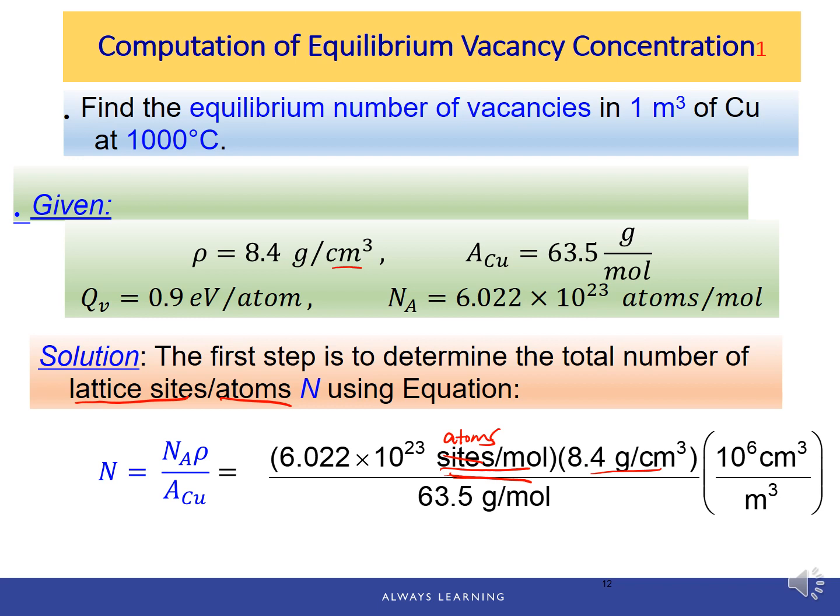If we want the number of atoms per cubic meter, since we are looking for the number of vacancies per cubic meter, we need to do the conversion, converting cubic centimeter to cubic meter by multiplying by this conversion factor and dividing by A. The value of N is calculated to be 8.0 times 10 to the power of 28 sites per cubic meter.